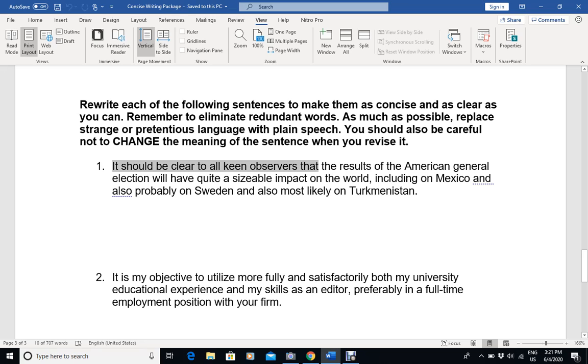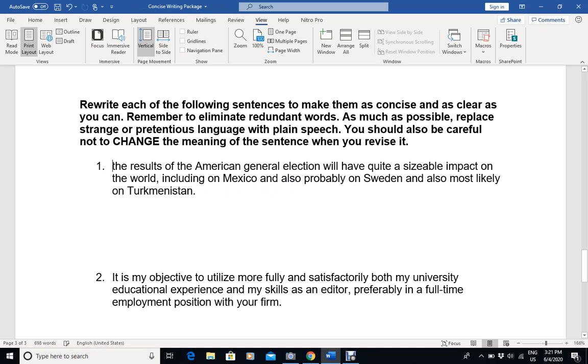But what it actually ends up doing is it just distracts the reader from the real message that you're trying to communicate. So rule number 1 was we can try to avoid framing phrases. So let's get rid of that. Now this is the main part we want to focus on. The results of the American general election will have quite a sizable impact on the world.